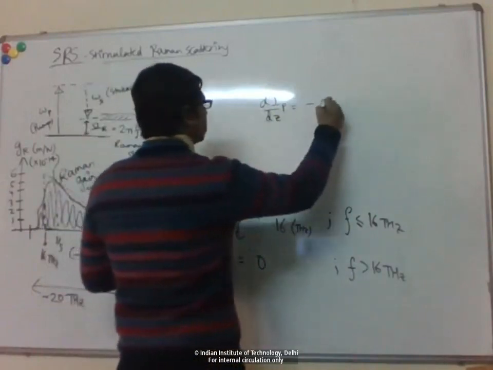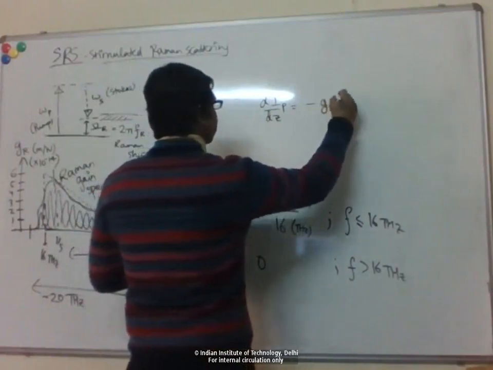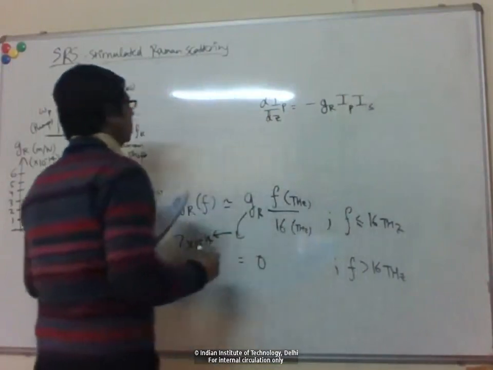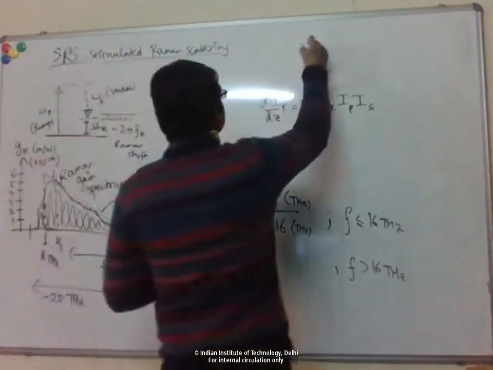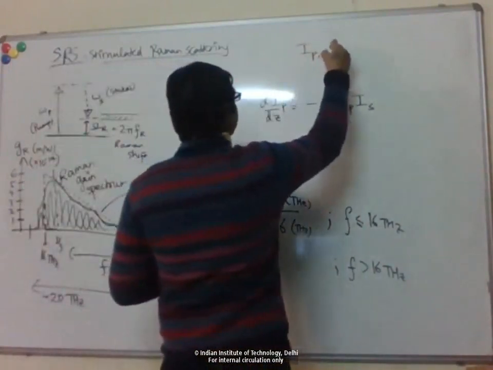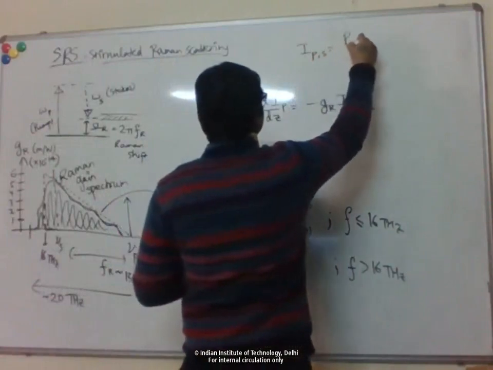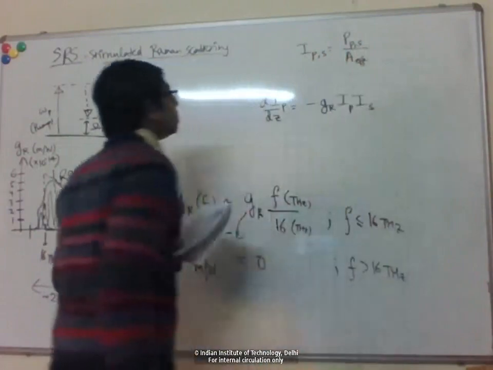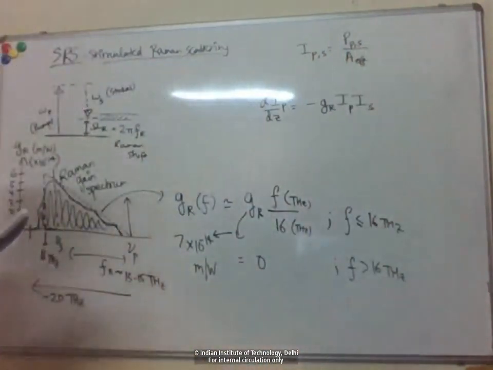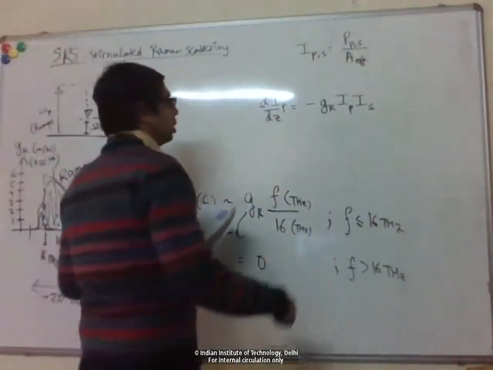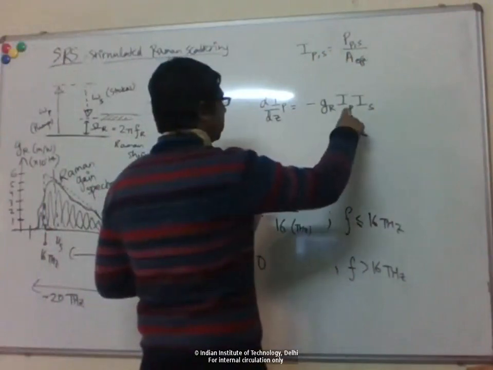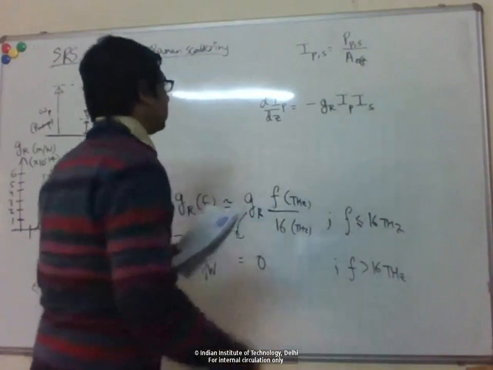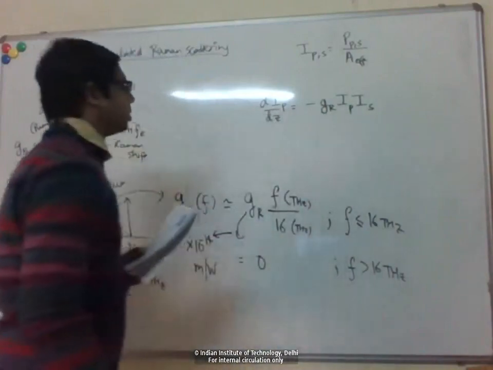So for the pump, this Raman scattering will act like a loss. Right? So again, this I, P or S is the power at the pump or Stokes divided by the effective mode area. So it's the intensity. Okay, so now again, this is a nonlinear coupling. So product of the intensities with the Raman gain here, minus sign for the pump.